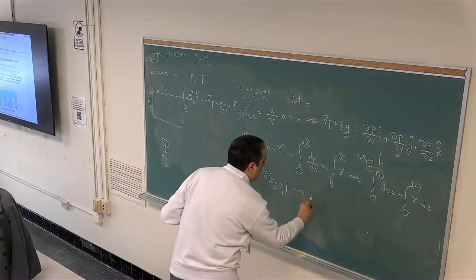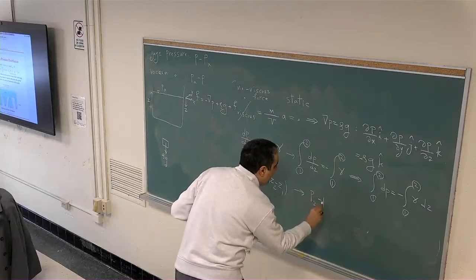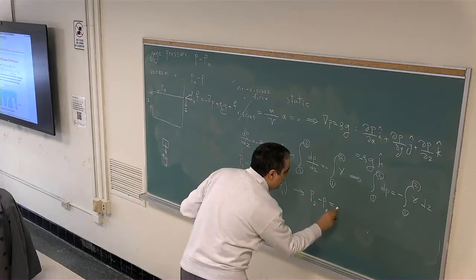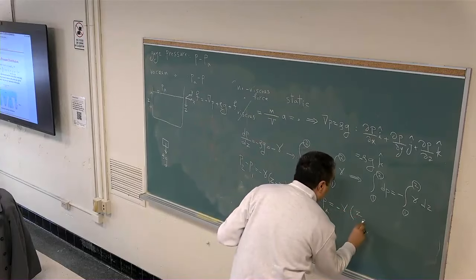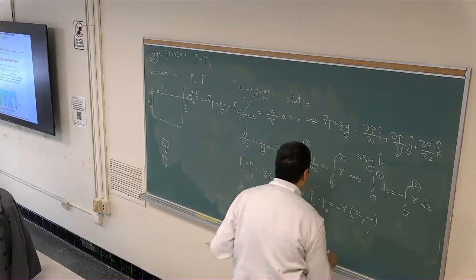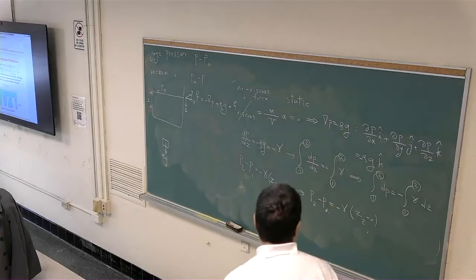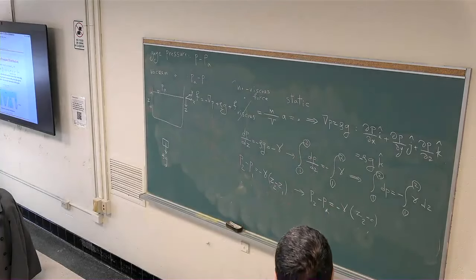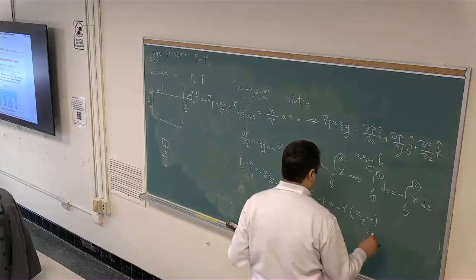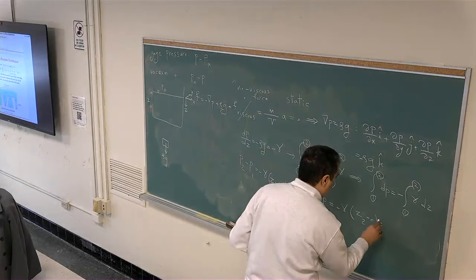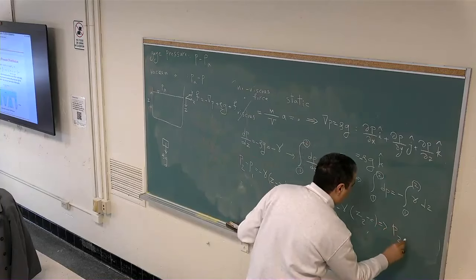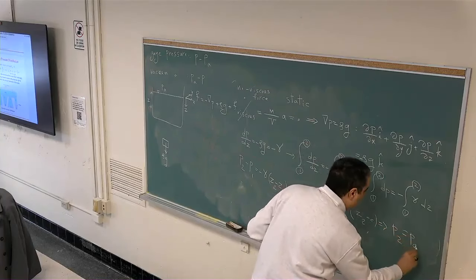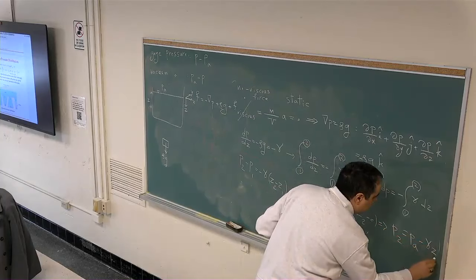P2 minus P ambient is equal to minus gamma times Z2 minus 0. So P2 is equal to PA minus gamma Z2.